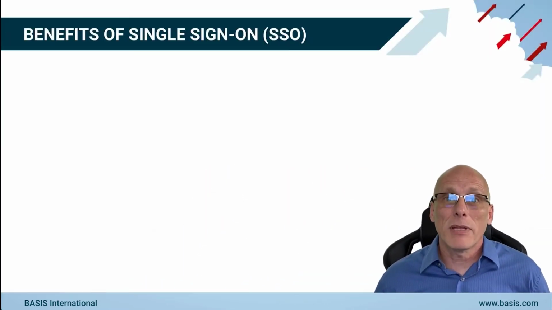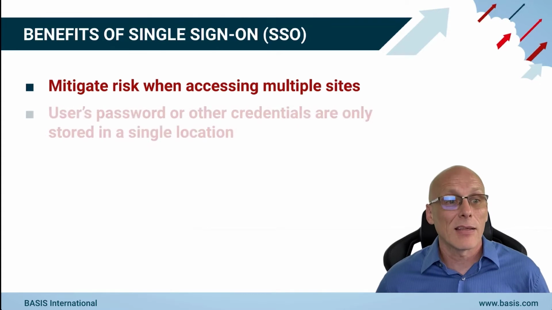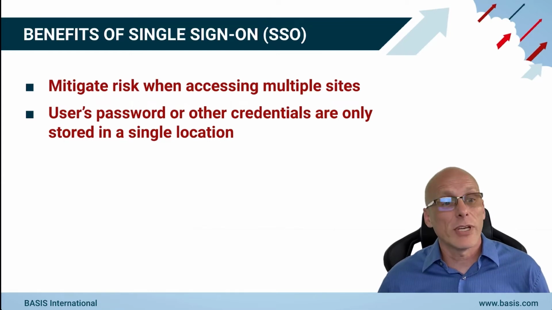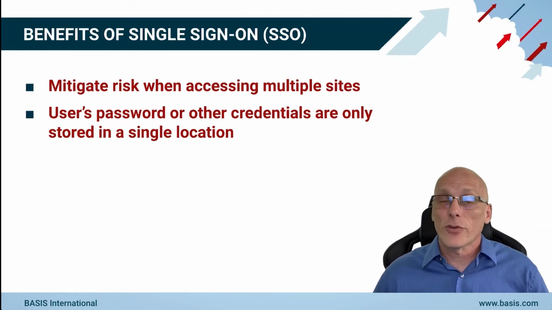So let's talk a little bit about some of the benefits of single sign-on. One of the things is that it can mitigate risk when accessing multiple sites. This can be really beneficial when it comes to managing large enterprises. Users' passwords or credentials are only stored in a single location. You've probably experienced some of this before where you've logged in at another site using your Google account or your Facebook account.